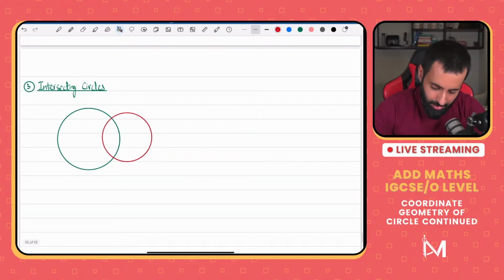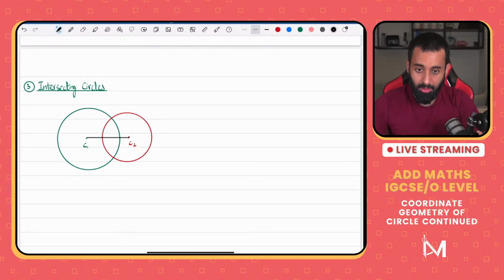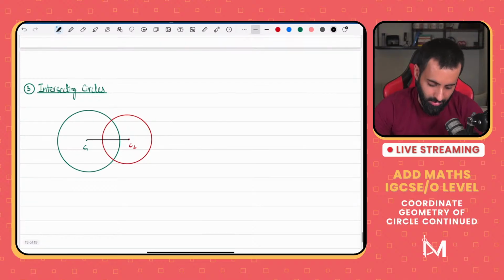This is the center of the first circle. This is the center of the other circle. If we join the two, this is what we get. This is R1 and this is R2.